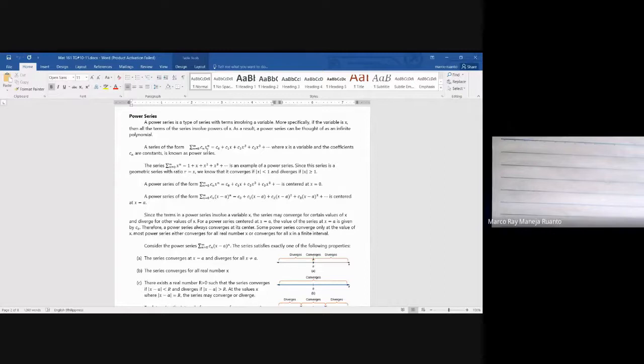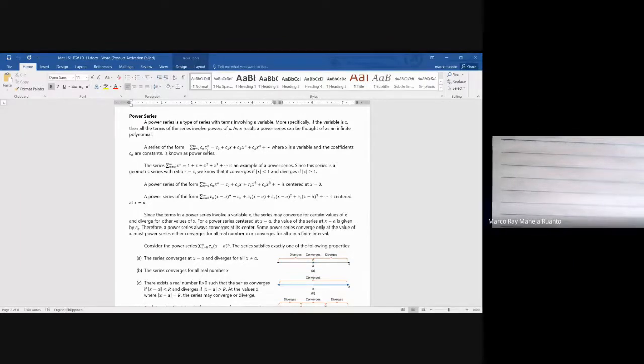As we have known in our previous lessons in Calculus 2, there are some functions, especially about integration, that we cannot really integrate. Let's say, for example, the integral of e to the minus x squared. In that case, we have to express them into a power series so that we can integrate them.